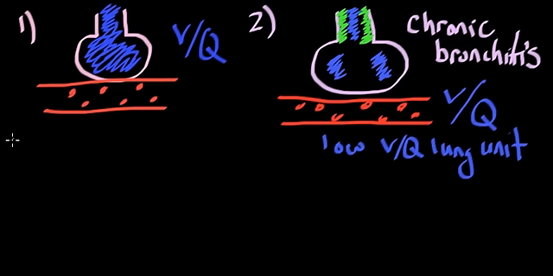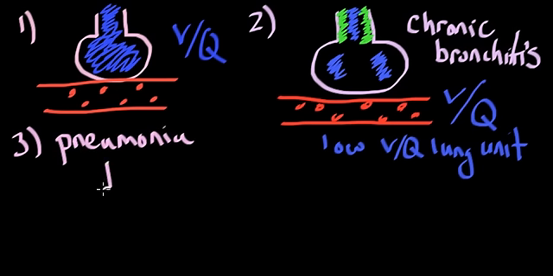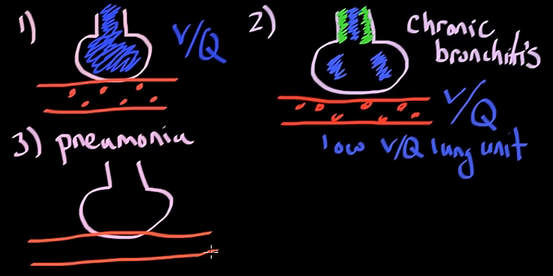In the third scenario, we have a pneumonia. Here's your lung unit again. And here's your capillary going by. Perfusion is normal in this person.